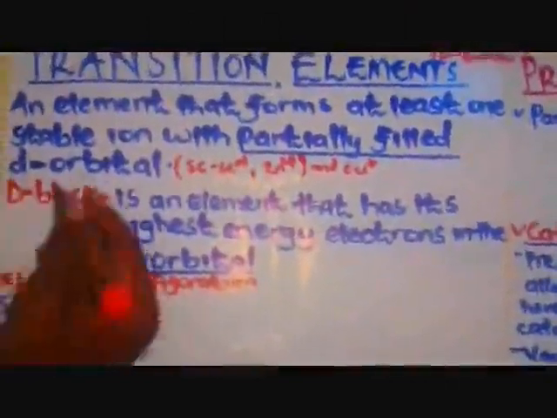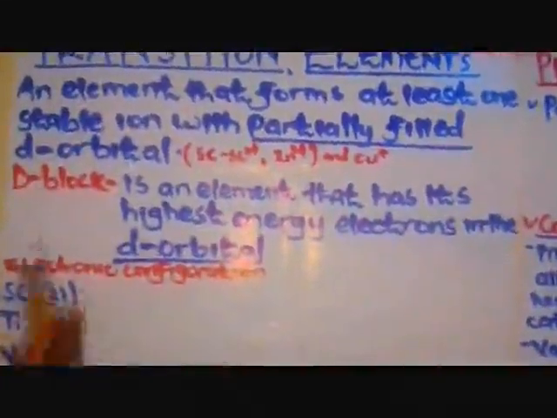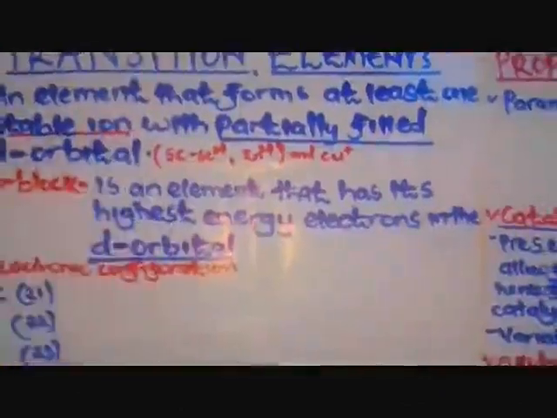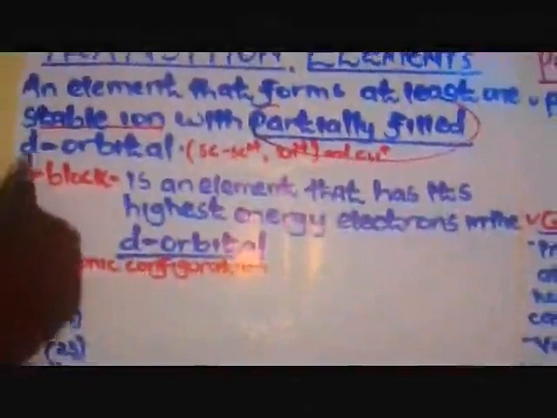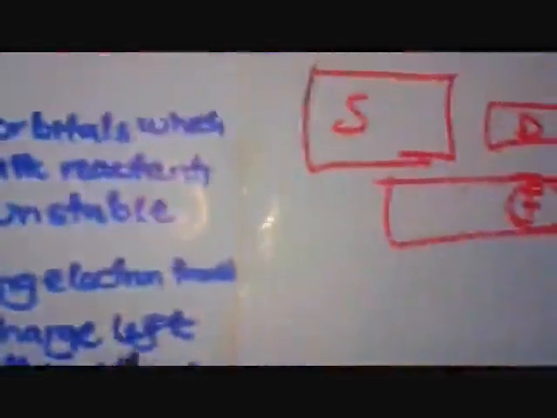Now, what do we mean by transitional element? Any element can only and only be transitional, members, if it can form one stable ion with a partially filled D orbital. Remember, when you go back to your chemistry, to Aufbau, Pauli and Hund, you discover that the D sub-energy level is occupied by 10 electrons.